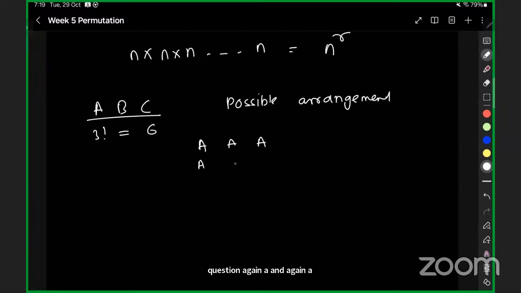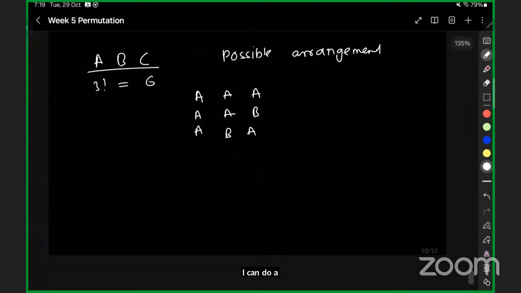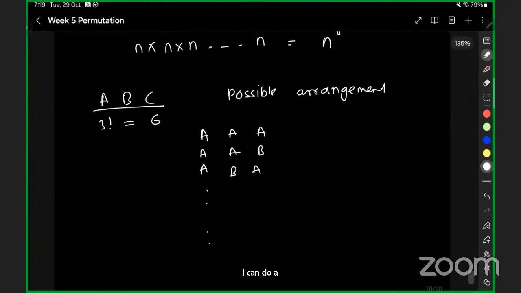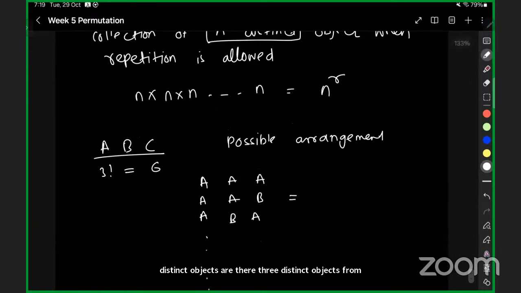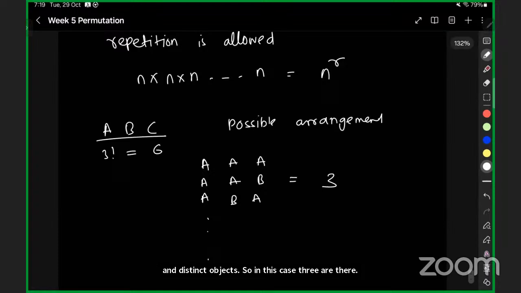The same way I can do A B A, and so on. There are 3 distinct objects, and I have to do it 3 times, which is going to be 27.